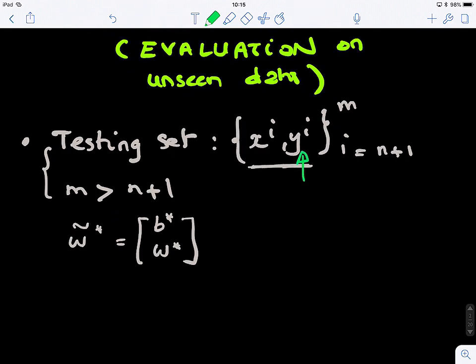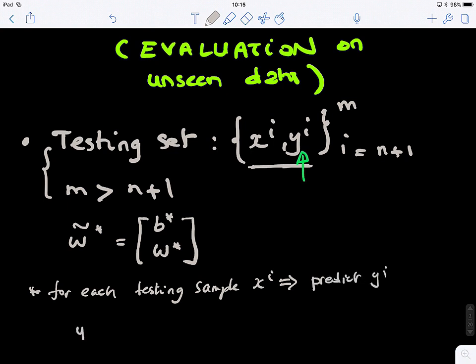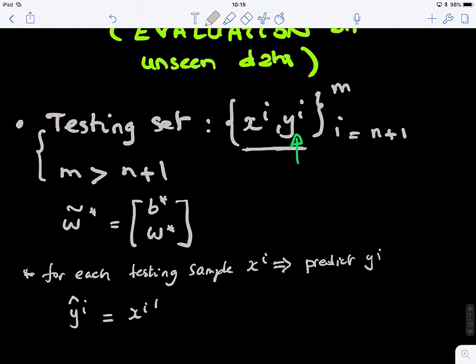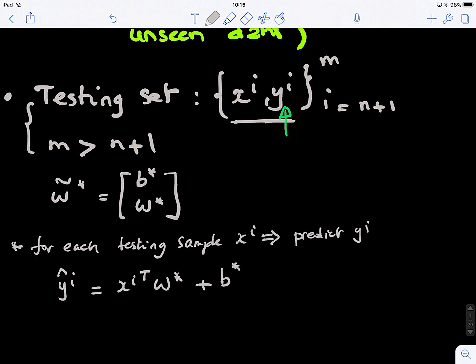So for each testing sample x_i, I need to predict y_i. So the prediction y_i will be equal to what? So x_i transpose W star plus B star. Okay, so this is our prediction.